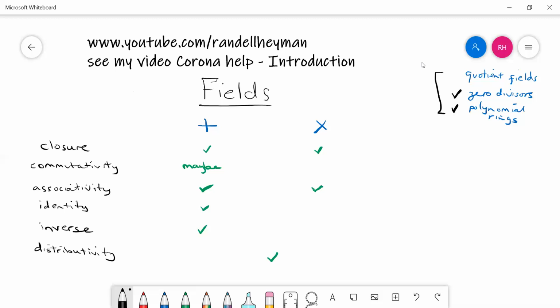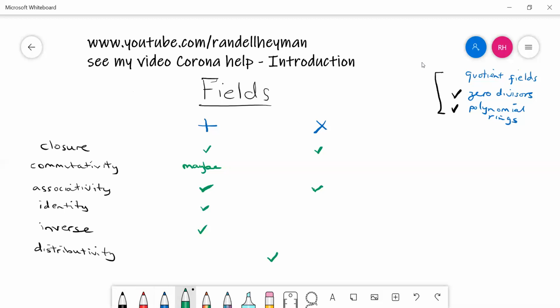Then we went on to rings and we said, okay, you're going to add another operation, which we generally call multiplication. You definitely have to have closure. In other words, if you multiply two elements of the ring, it must still be in the ring. We didn't say anything about commutativity. We said you had to have associativity. We then went on and said, actually down the bottom here, distributivity.